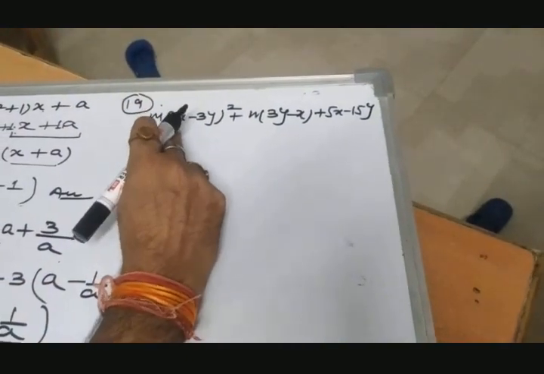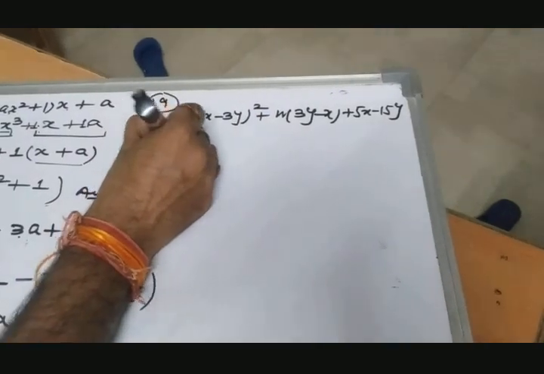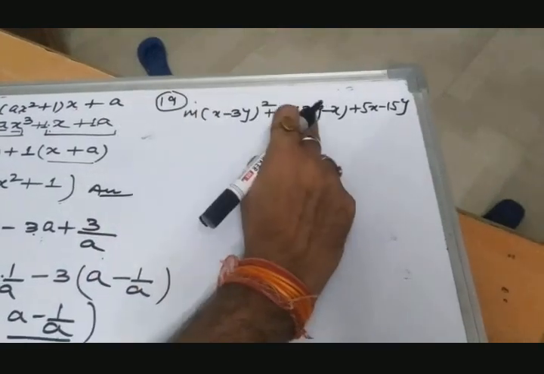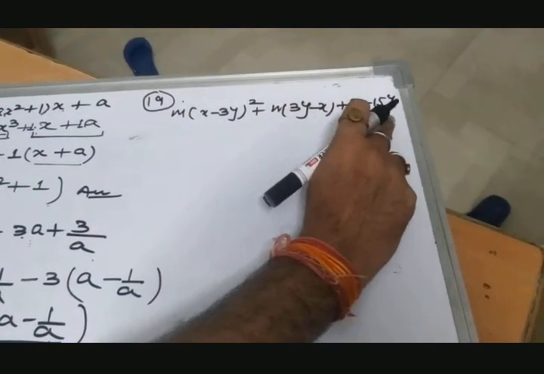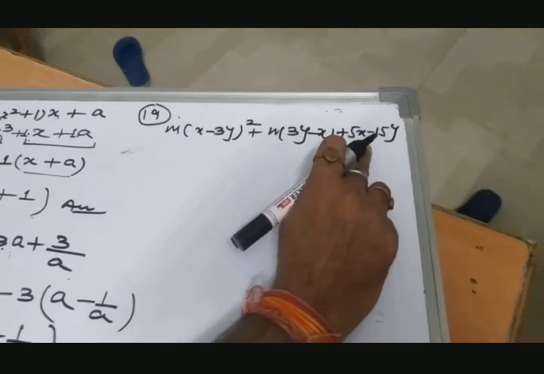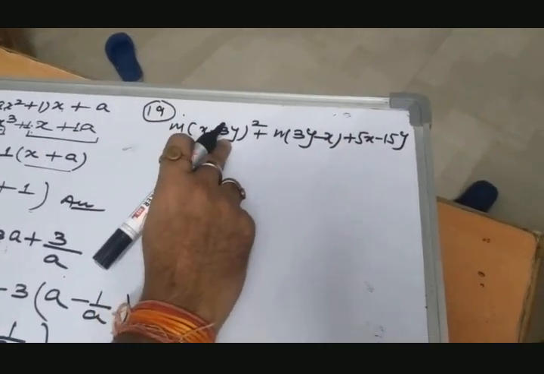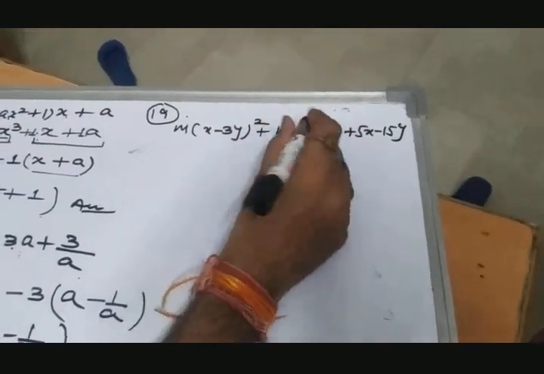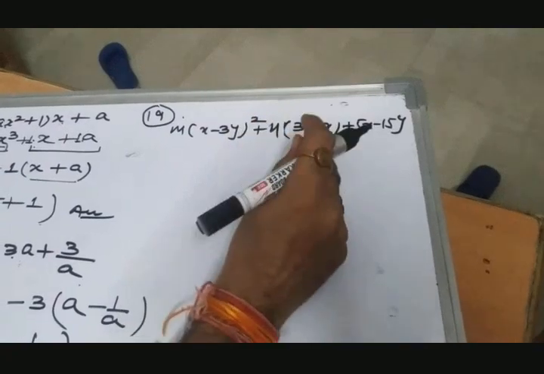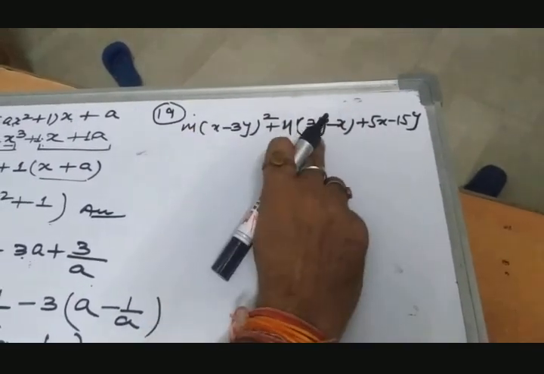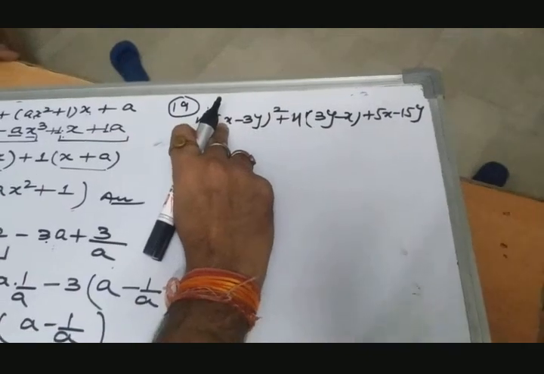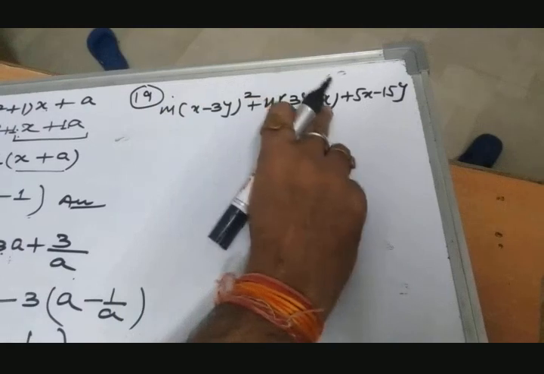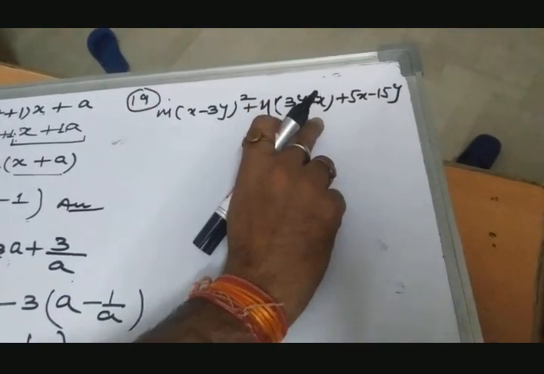Here we see that x is positive and 3y is negative, in m into x minus 3y. But here it is 3y minus x. The first term is m into x minus 3y whole square, the second term is n into 3y minus x. We see that here 3y contains a negative sign, here 3y contains a positive sign, here x contains a positive sign, here x contains a negative sign. These terms are the same, but they have opposite signs.